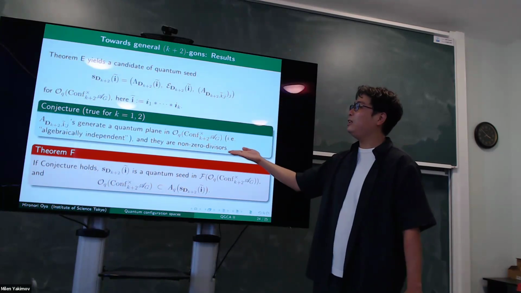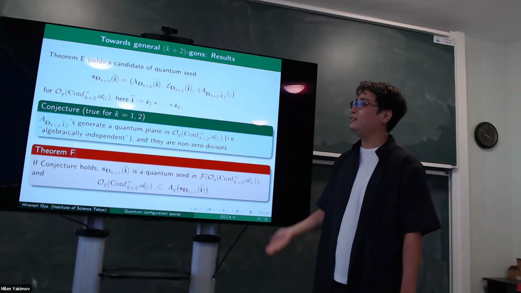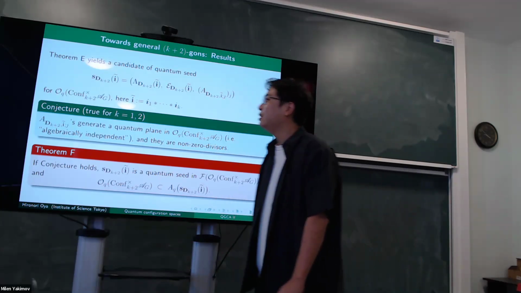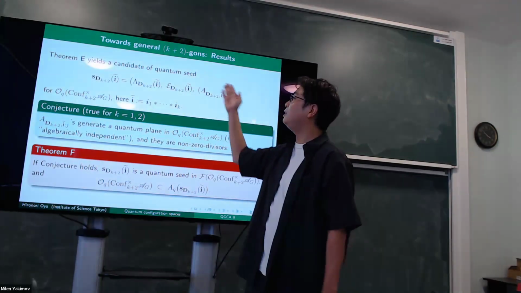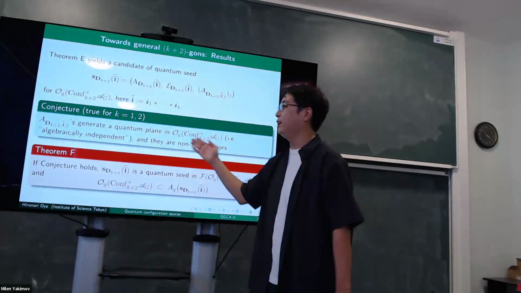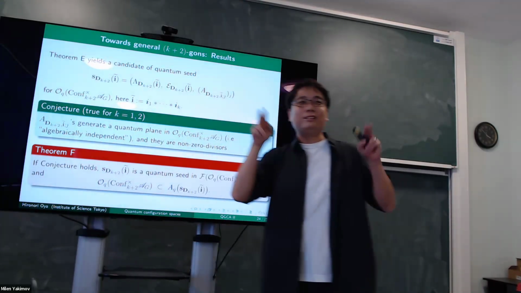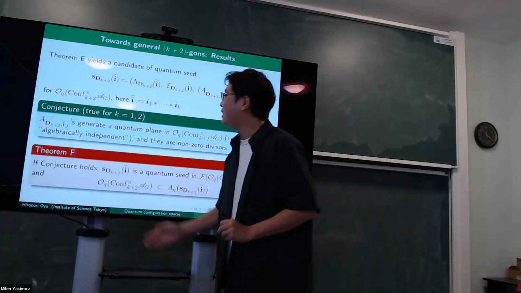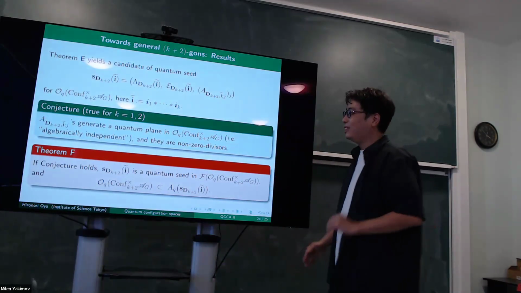We believe that this is definitely true, but we don't know the proof at the moment. So the conjecture is this one. These variables, the candidate variables, generate a quantum torus in this algebra. I mean, these are algebraically independent. It is true, but we don't know the proof.